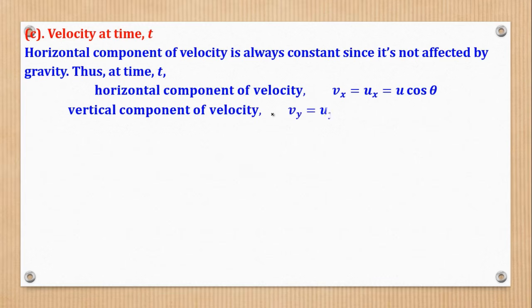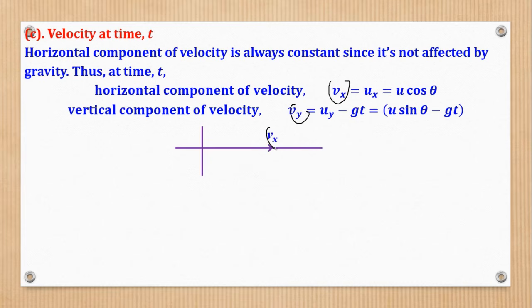What about the vertical component? For the vertical component, we shall need the first equation of motion, v = u + at. So this becomes Vy = Uy minus gt. But we know that Uy is U sine theta, so I can substitute to get Vy equal to U sine theta minus gt. When I have Vx and Vy, I can use Pythagoras theorem to come up with the final velocity they want at any time t.